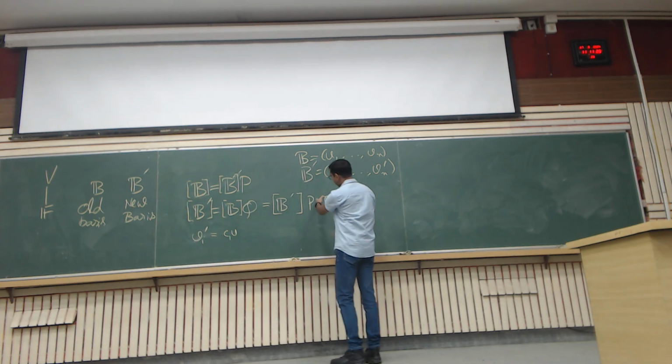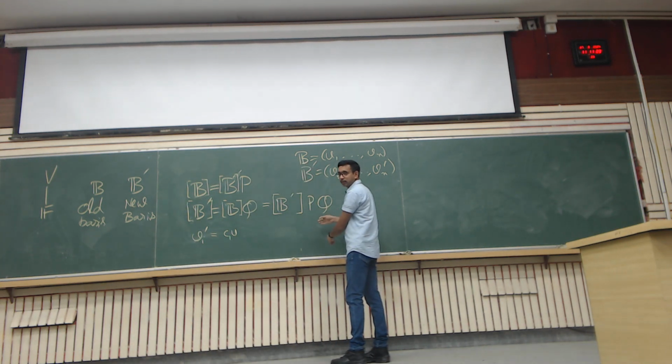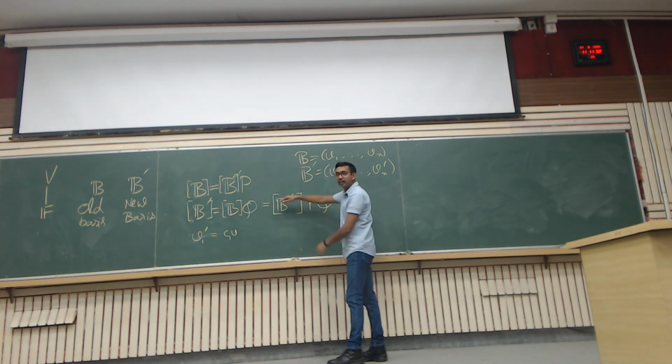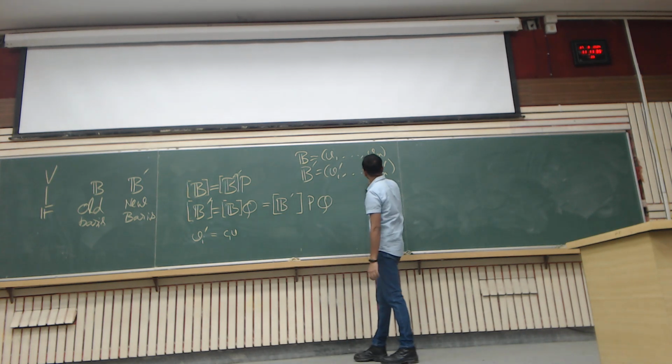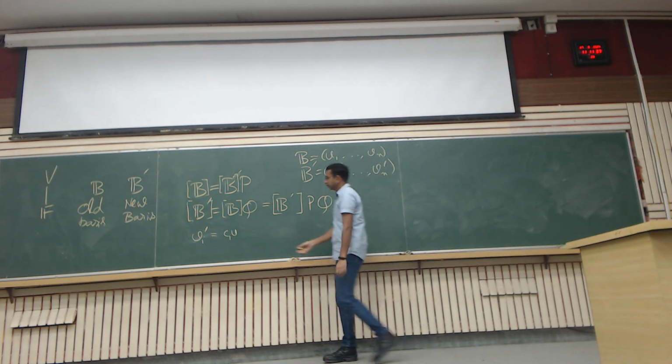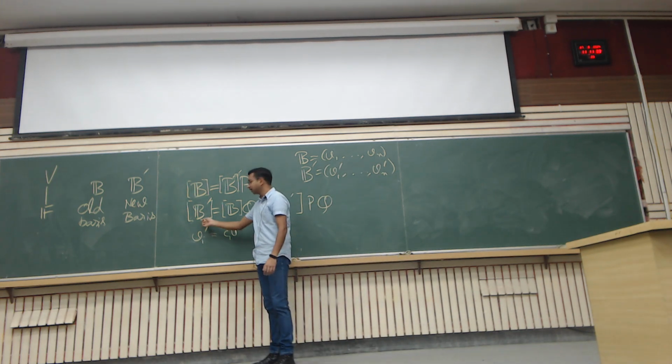Now we are considering the ith column of this matrix, which would give a linear combination of the elements V1 prime to Vn prime, giving this ith element in V prime.